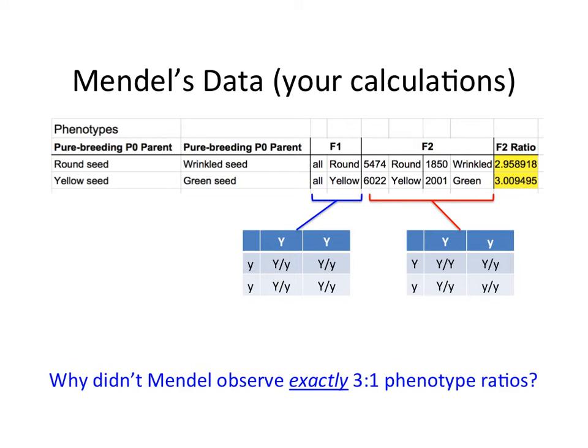Why not? Why didn't Mendel see exactly a 3.0000000 3-to-1 ratio? Something happened. Mutation. Could be mutation. Probability.